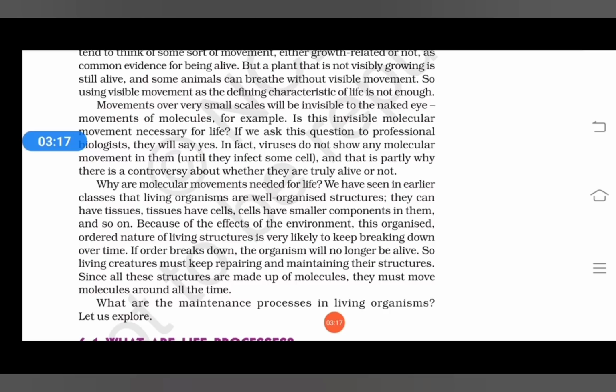So living creatures must keep repairing and maintaining their structures. Since all these structures are made up of molecules, they must move molecules around all the time. As we know, all things as well as human beings are made up of molecules. So in order to be alive, these molecules must keep on moving. That is the basic need of life.